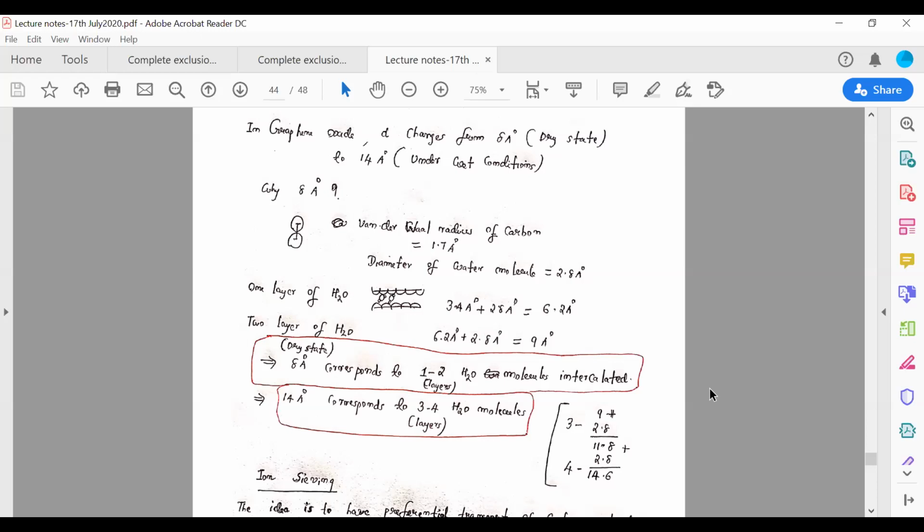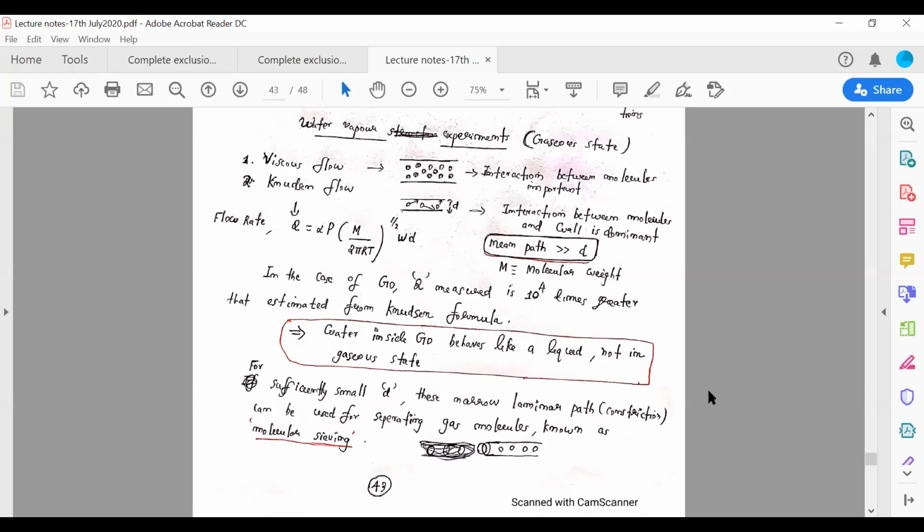But the other problem is the selectivity. That is what I discussed. But you can always fine tune your membrane properties so that you can achieve desired permeation properties. So you can choose different 2D materials depending upon the application you are looking at.